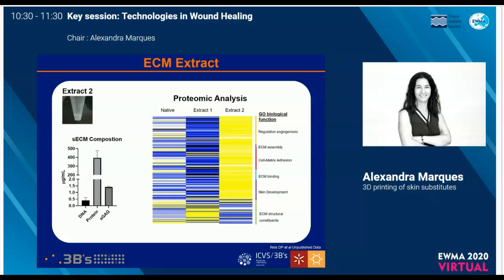In addition to this extract, we have also been able to obtain a second extract from the same native extracellular matrix. And interestingly, when we did a proteomic analysis for those, we could see that they actually complement each other very nicely, and we have very important biological functions that are associated to the components that are present in these extracts.